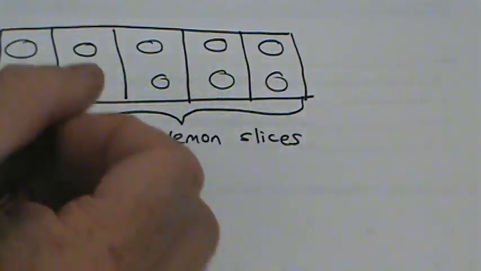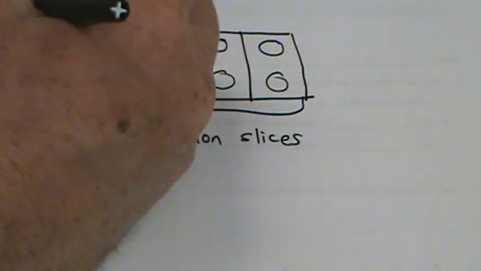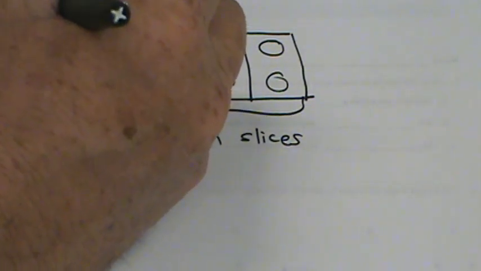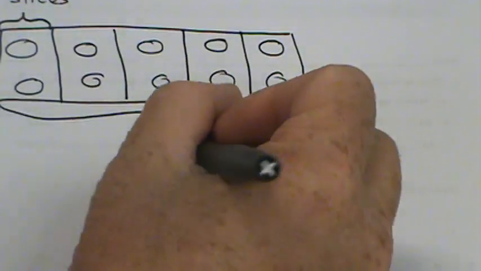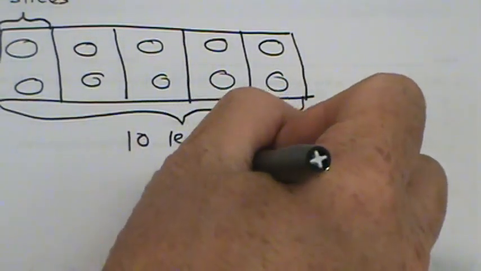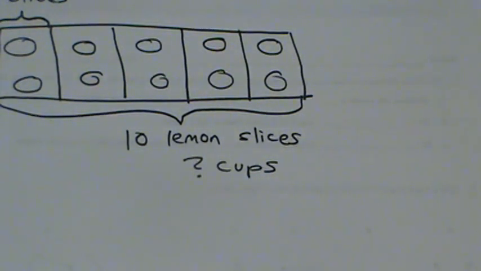And we know that this represents, we'll put our little tiny bracket here, 2 slices. What we don't know are the number of cups. So there's our problem. We know that there's 10 lemon slices. We know that there's 2 slices in each cup. What we do not know is the number of cups. That's what we're trying to find out in this problem.